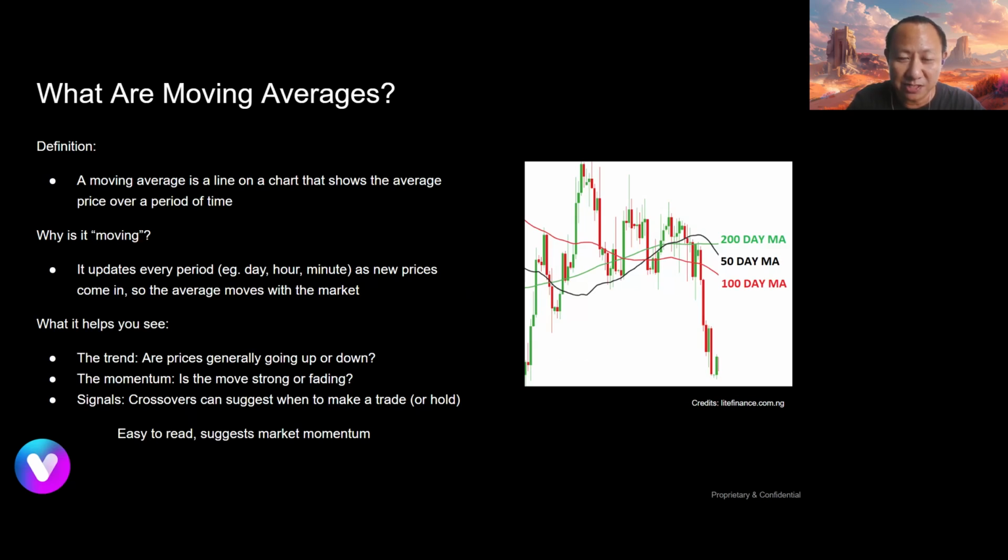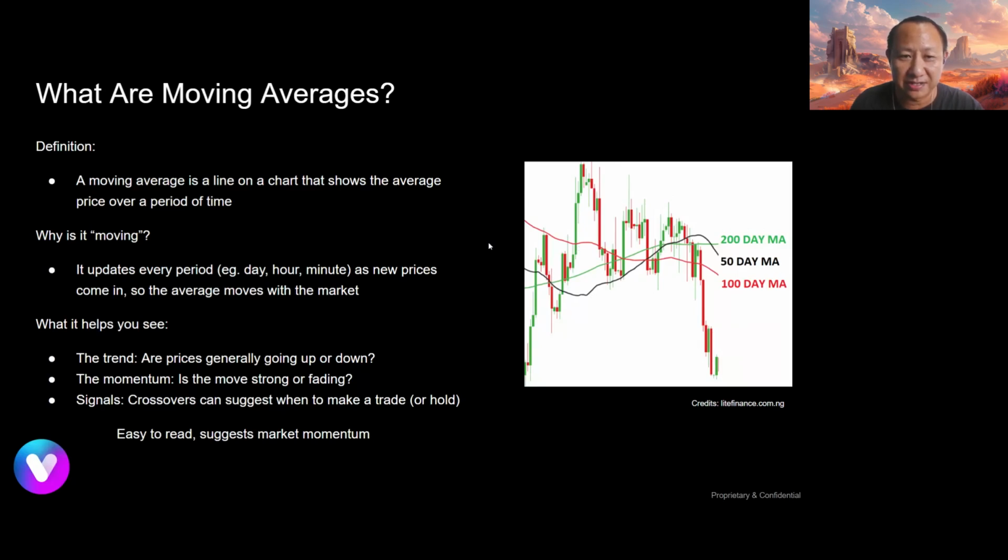And today we are going to be talking specifically about moving averages. Right? So what are moving averages? A moving average is a line on a chart. So you can see the image over here. It's a line on a chart that shows the average price over a period of time. Okay, so every point on this line is an average of the prices from the last period.